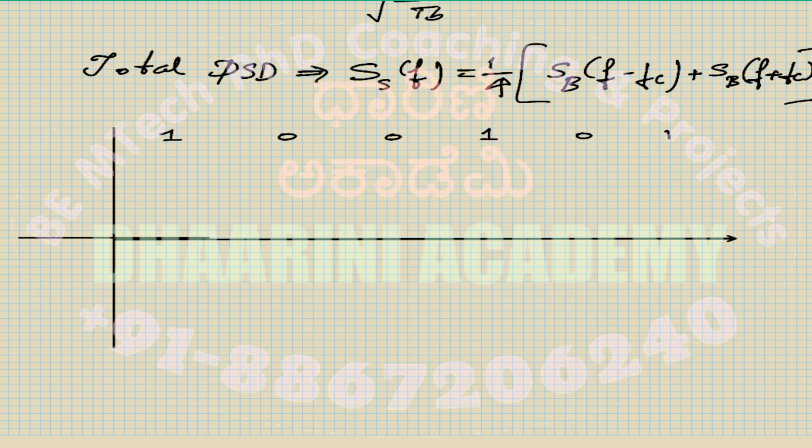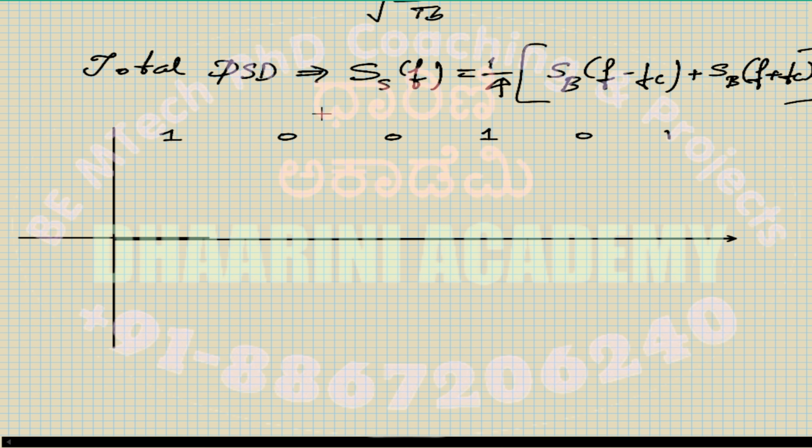Once the symbol duration is defined, I can use those symbol durations for the creation of various waveforms. So let me assume this is how I divide.